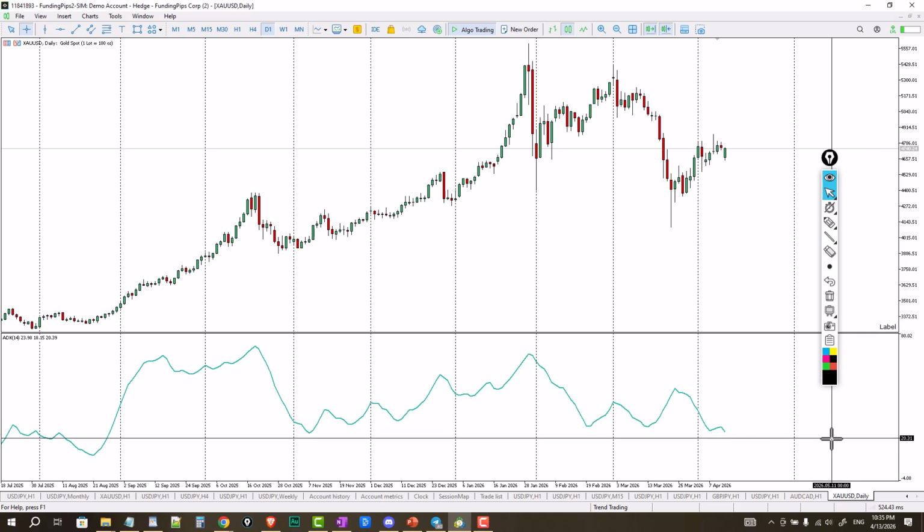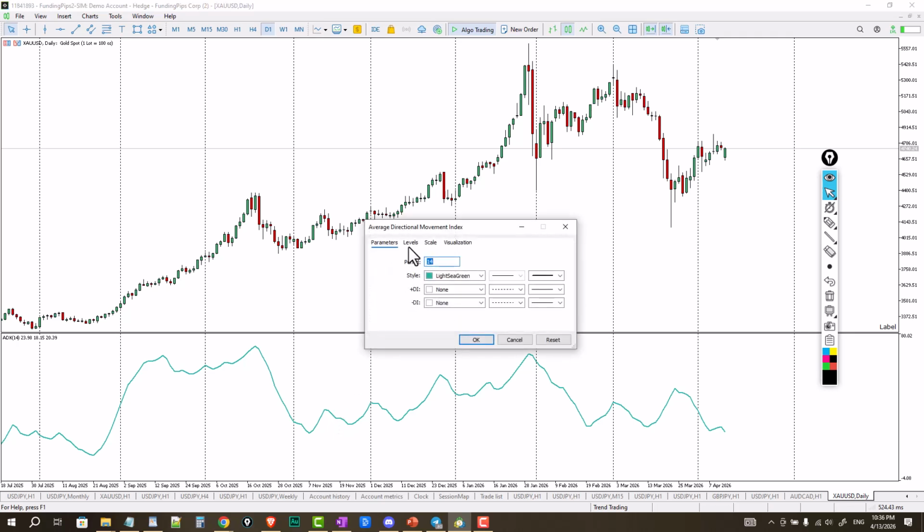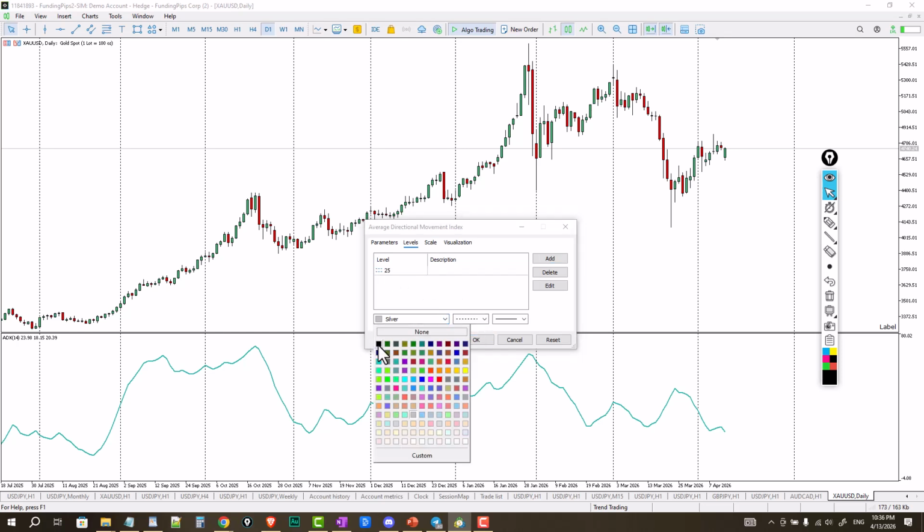So what is more advisable is for you to click on the indicator settings, and then go to levels. Now if you added it the way I showed you to add it onto your charts, you're going to see something like this with no settings for the levels. So what you would want to do is click on add, and then, since we're talking about the 25 level reading of the indicator, you're going to type 25 here, and you can color this to whatever color suits your preference.